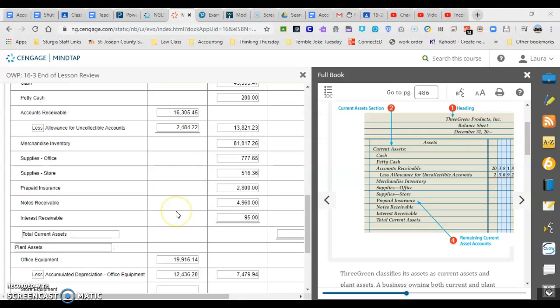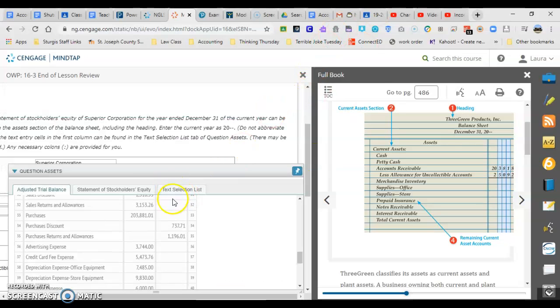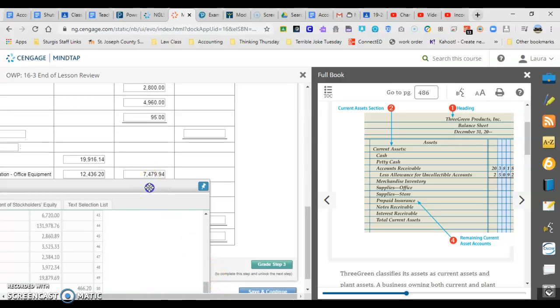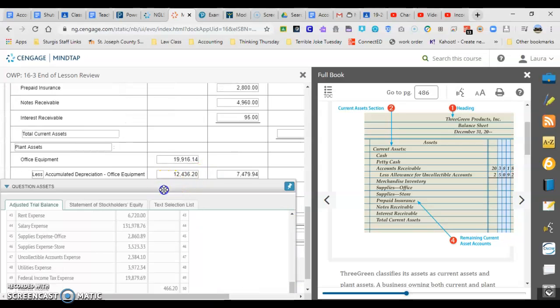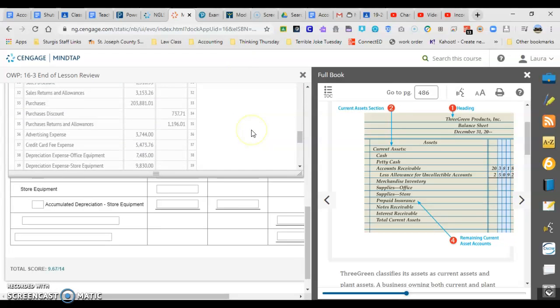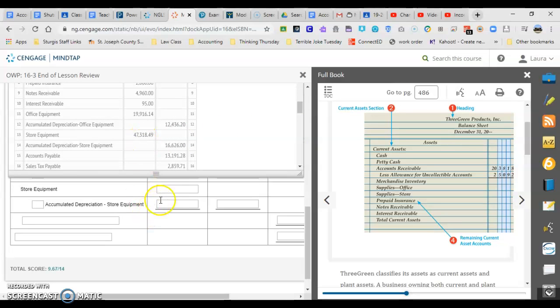Then we're going to do store equipment, which is done the same way. We're going to put the value of store equipment, which is 47,318.49, less our accumulated depreciation of 16,626.